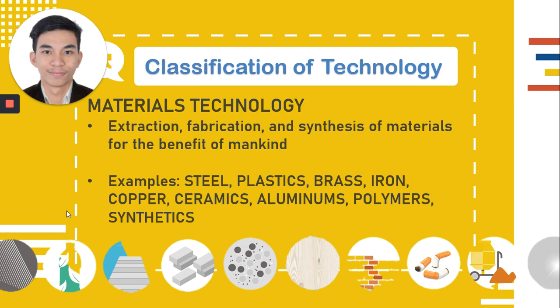Kasi syempre, yung mga materials na yan is also essential in creation of infrastructures like buildings na kailangang i-analyze kung anong mga klase talagang material ang suited for that. Okay? So those are the 5 classification of technology according to process. Number 1 is energy technology, equipment, information, life, and materials technology.